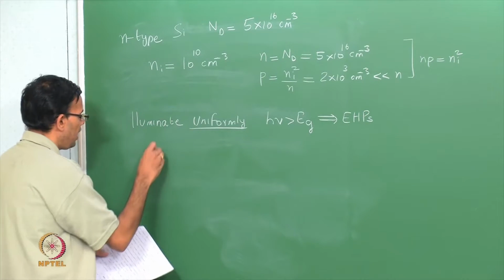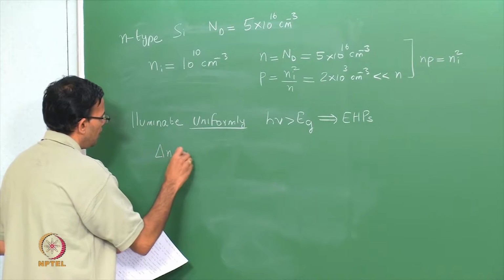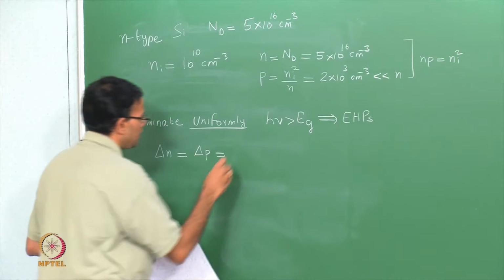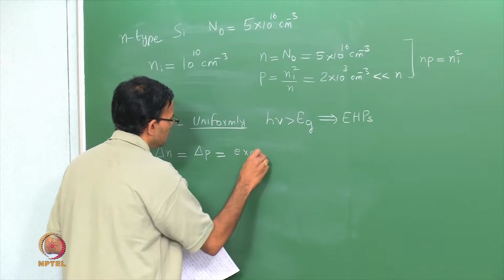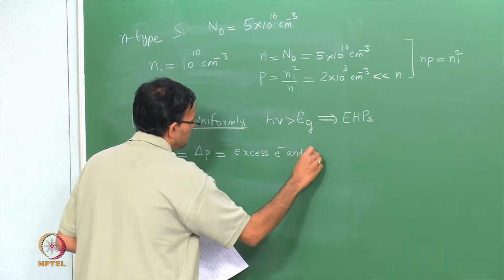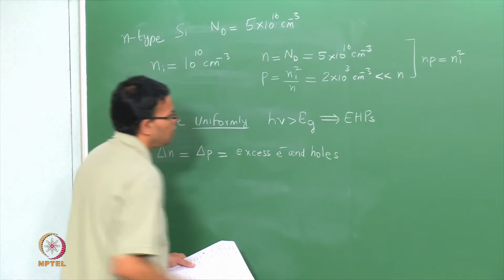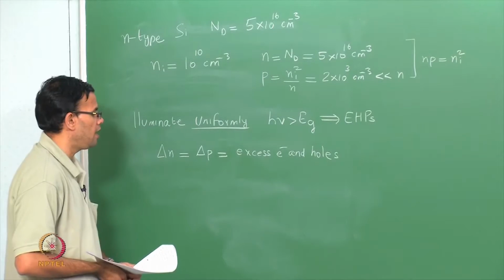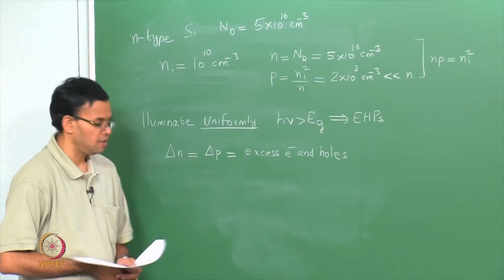So, let delta n and delta p be the excess electrons and holes, and these are equal because really you have an electron and a hole pair being created at the same time. So, delta n and delta p are the excess carriers.